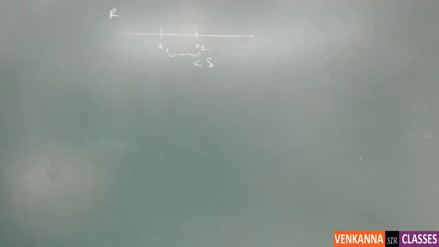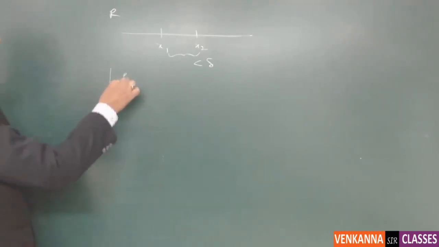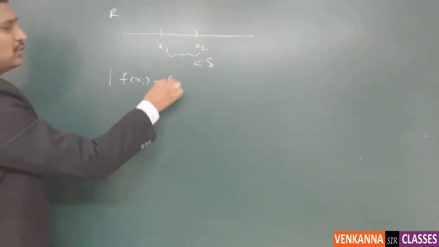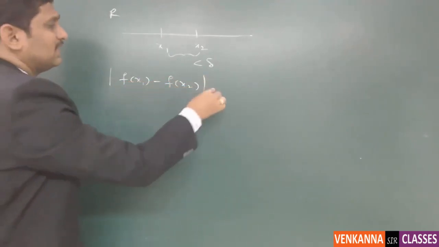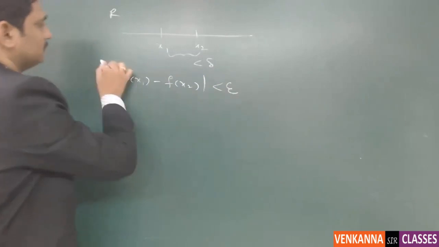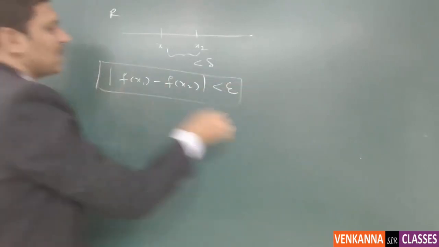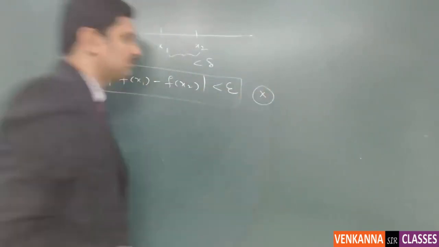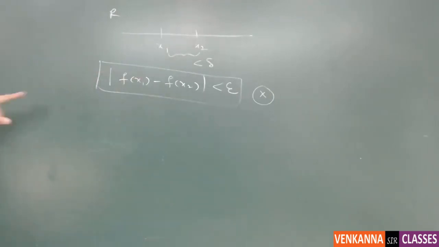I am taking the whole real number line, and in this I am taking any two points whose gap is less than delta. And I am saying that if you consider f of x1 minus f of x2, that need not be less than epsilon. It is always not possible. If it is possible, then it is okay.